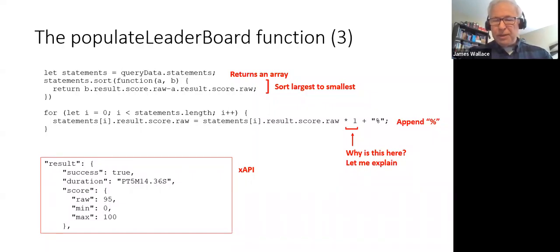So why did we multiply this by 1? Let me explain that. I just left that there because I'm lazy. Basically, I copied this statement from another function, one that I had done in Storyline, where I was using the result.score.scaled versus result.score.raw.